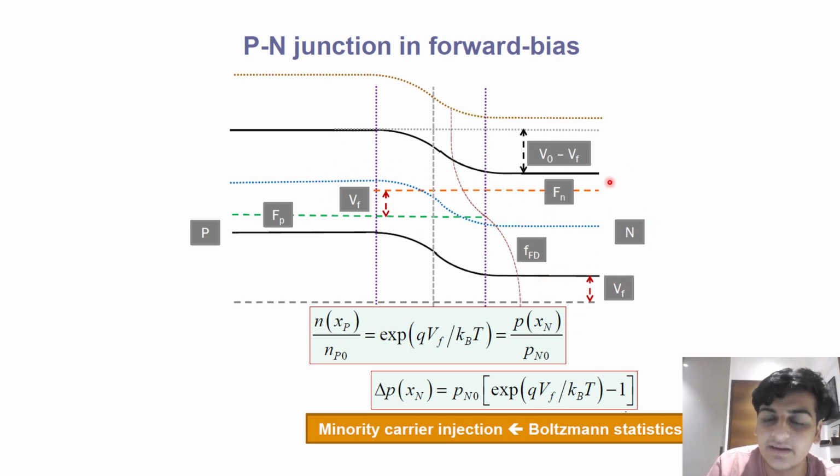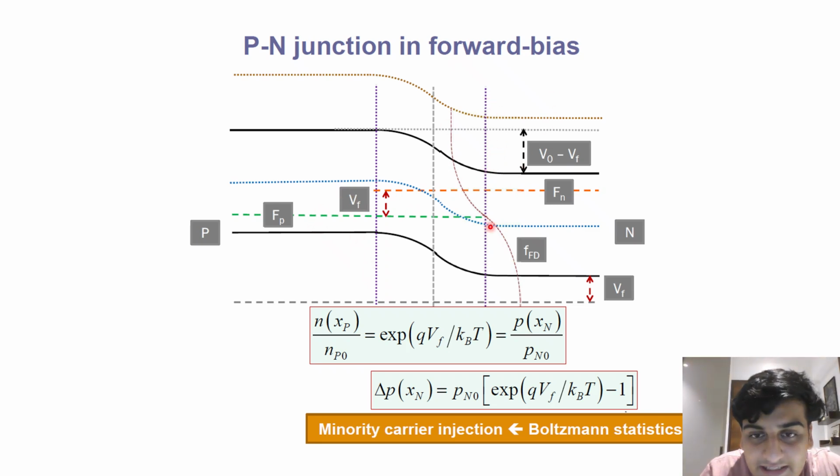For the N-type material, the holes are called minority carriers. You're injecting minority carriers from the left to the right because they are rising from their equilibrium value. And for this P-type material, you are again injecting minority carriers from the right to the left.